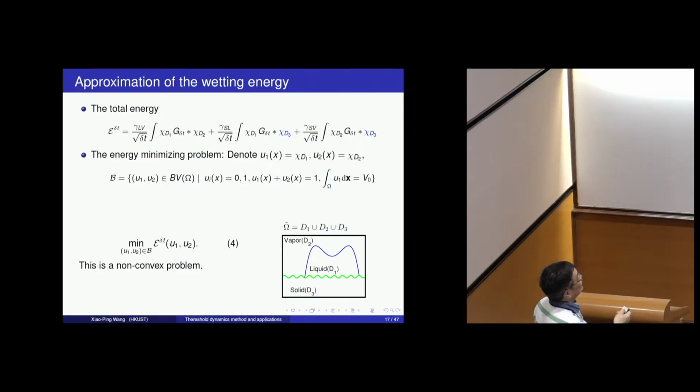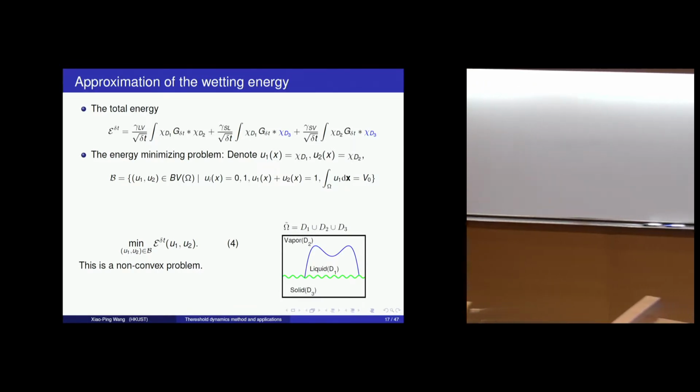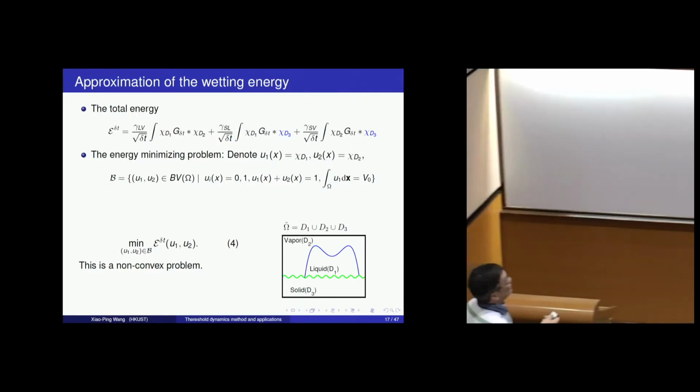We have three terms here. The first term is the interface energy between liquid and vapor. So this is the blue curve, approximated by this heat kernel convolution multiplied by the surface tension coefficient.